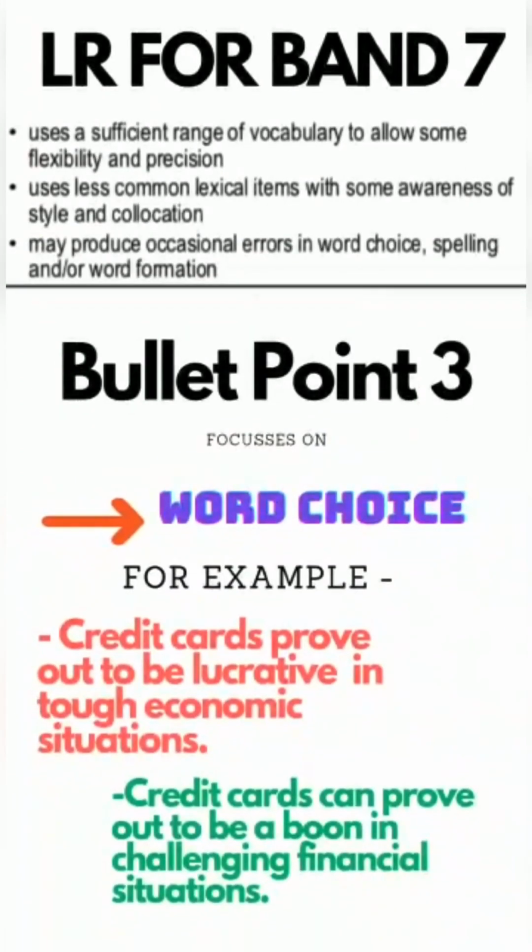Final bullet point says may produce occasional errors in word choice, spelling and or word formation. Now let's take up the first category, that is word choice, and understand it better with the help of an example.